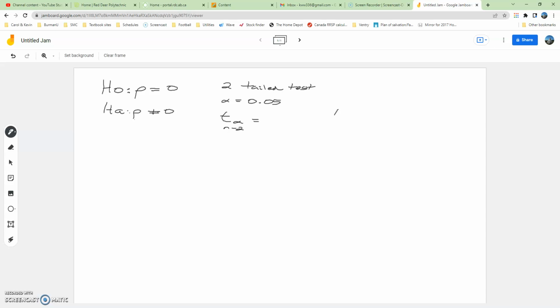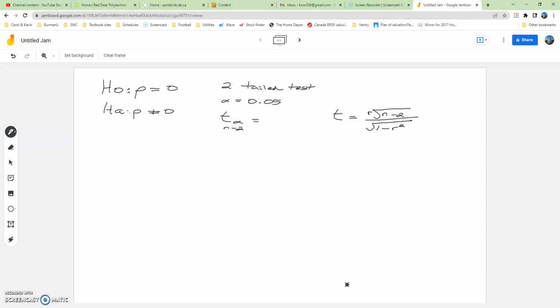And we also then have a test statistic. This is the one we calculate. The calculation is r, which is the correlation coefficient of the two data sets, times the square root of n minus 2, divided by the square root of 1 minus r squared. That will give our test statistic.